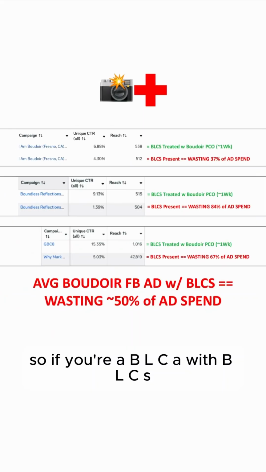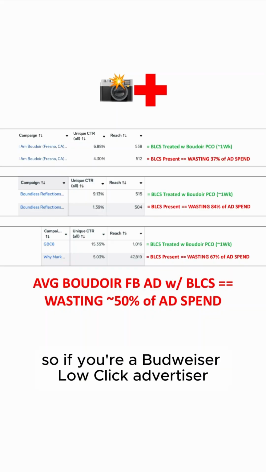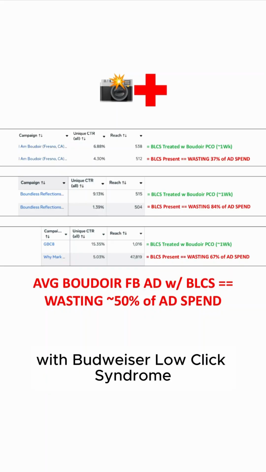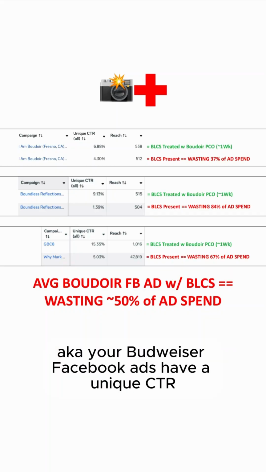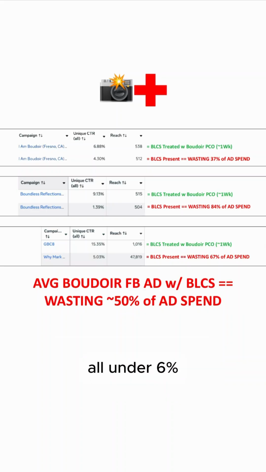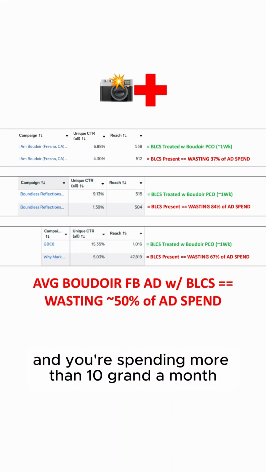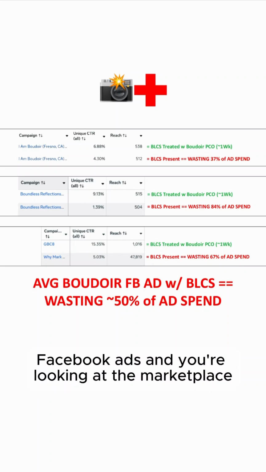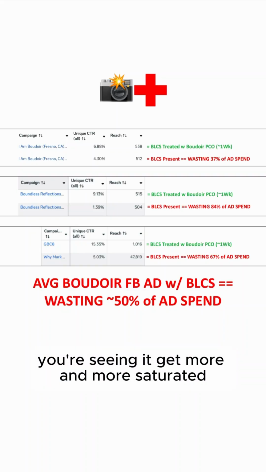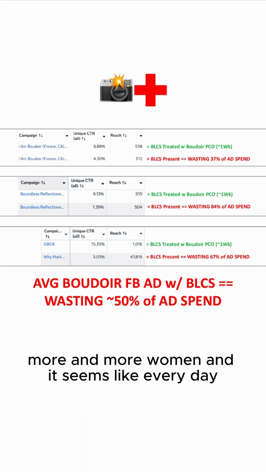So if you're a BLCA with BLCS, so if you're a Boudoir low click advertiser with Boudoir low click syndrome, aka your Boudoir Facebook ads have a unique CTRL under 6%, and you're spending more than 10 grand a month on Boudoir Facebook ads, and you're looking at the marketplace, seeing it get more and more saturated in your city, more and more women.